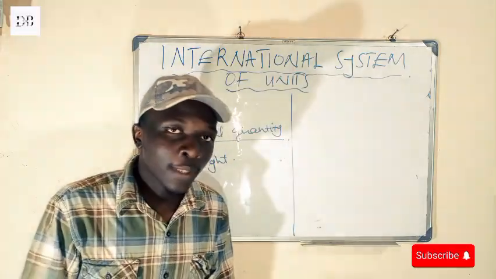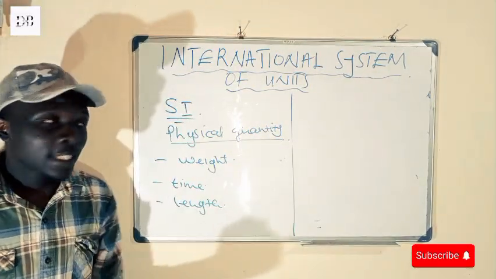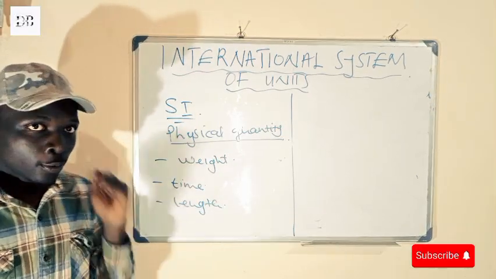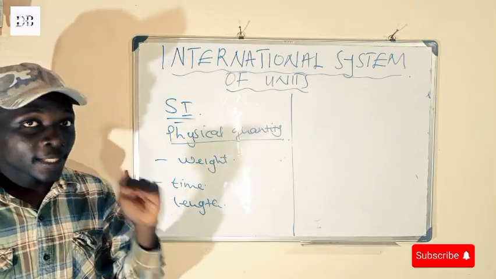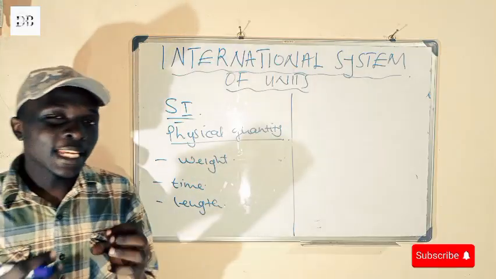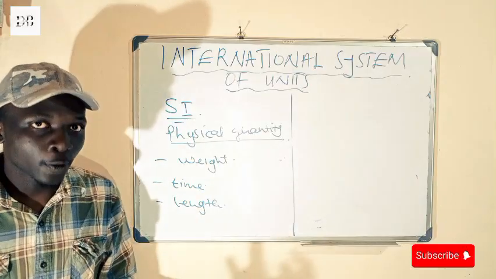Now, when scientists were discovering this international system of units, they started with the simple 7 units, which are referred to as the base units. This type of units do not need any combination to exist. They exist on their own.